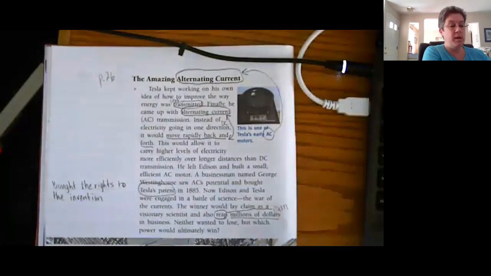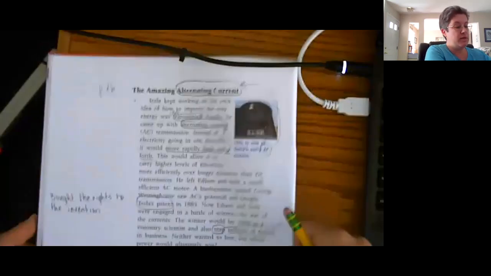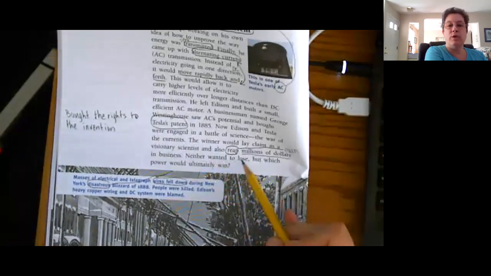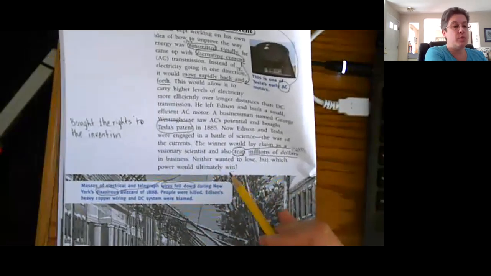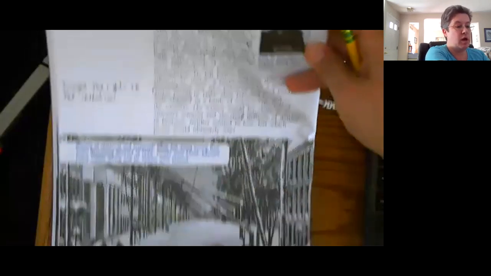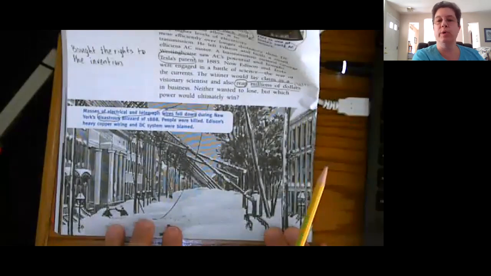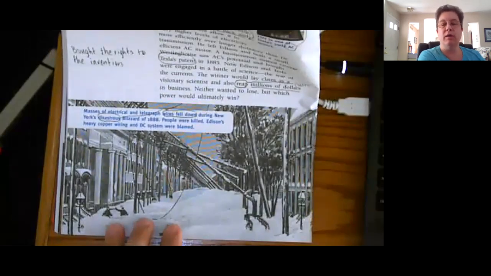They would reap millions of dollars in business. Neither wanted to lose, but which power would ultimately win? Now, after we read the caption on this picture below, you should be able to draw a conclusion who is going to win this battle of the currents.